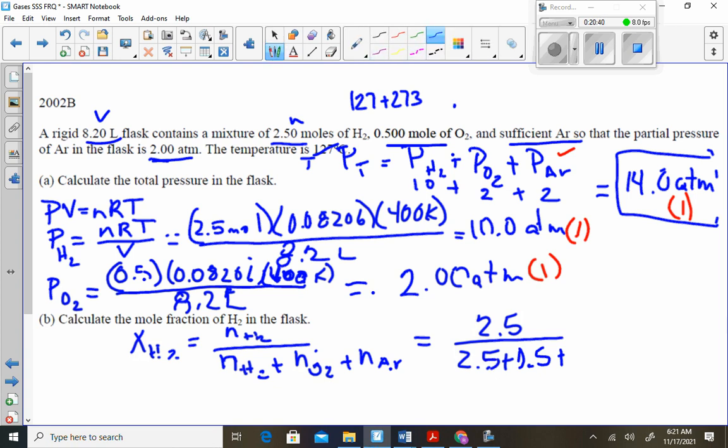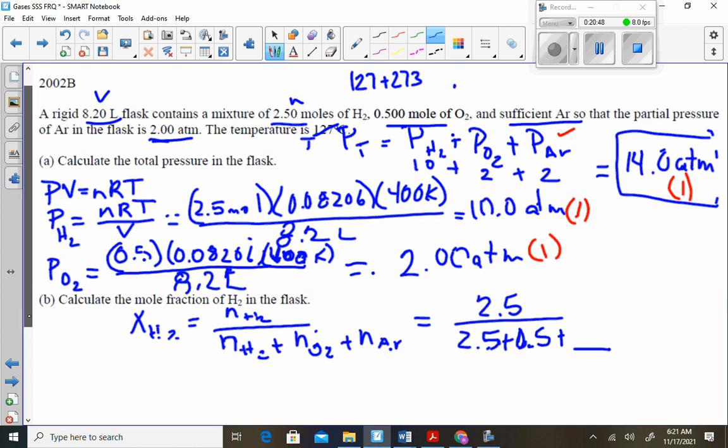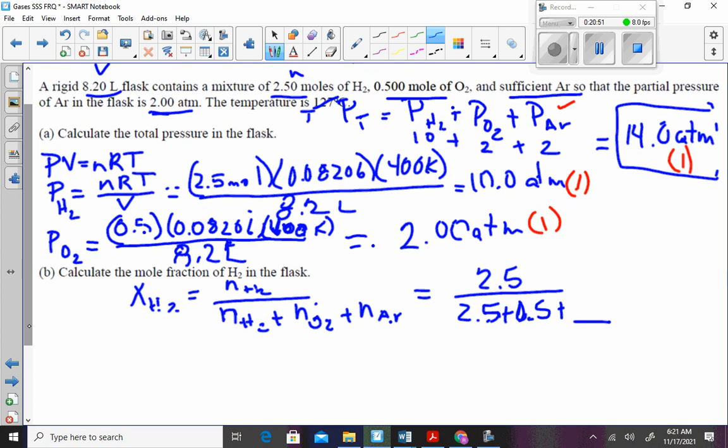So we have 2.5 plus 0.5, but we do not know the moles of argon. This is our unknown, so now we have to find it. We do know the volume, we do know the partial pressure of argon, and we know the temperature in the flask.